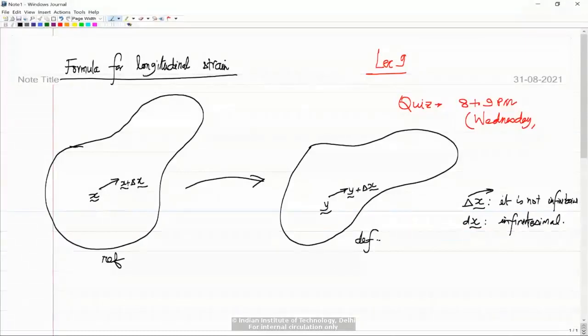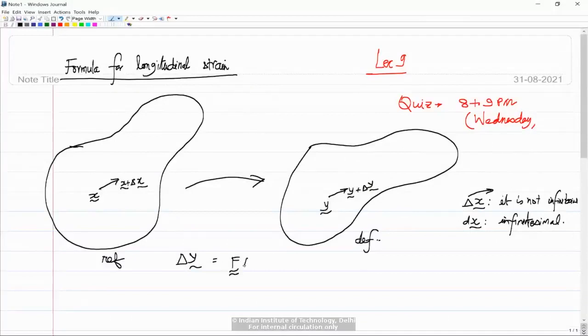And you can recall that we had derived this: delta y is equal to big F delta x plus, can you recall that there was an error term?